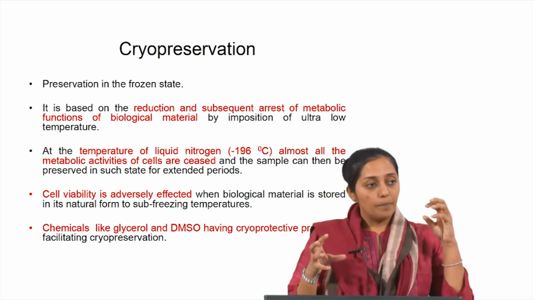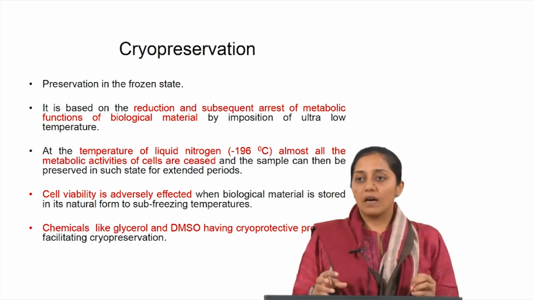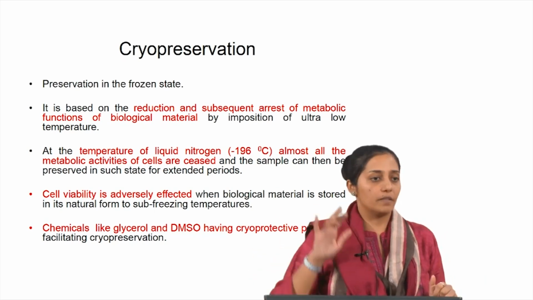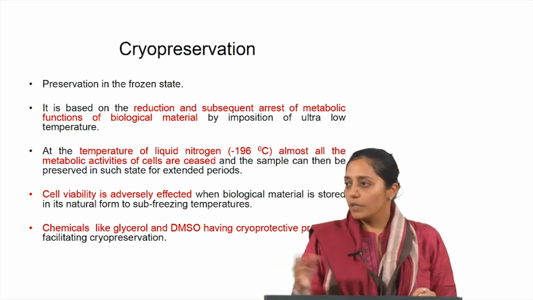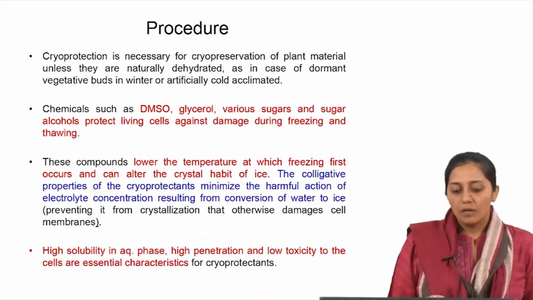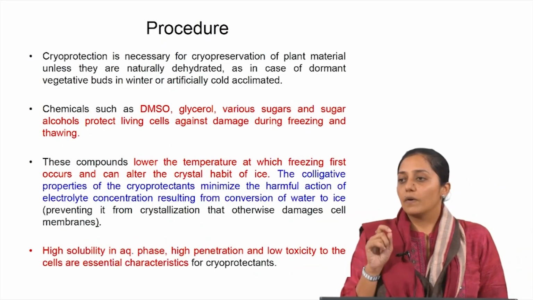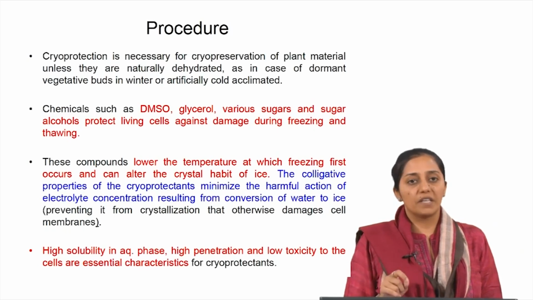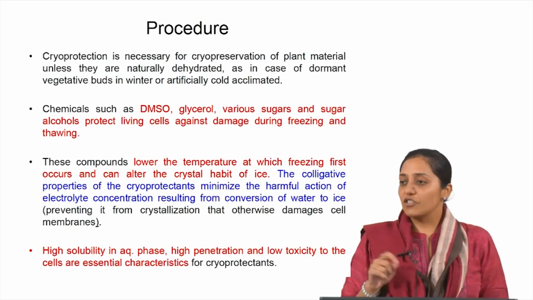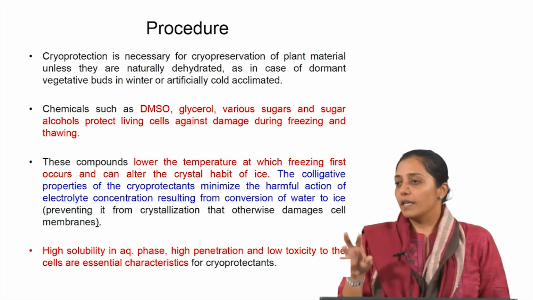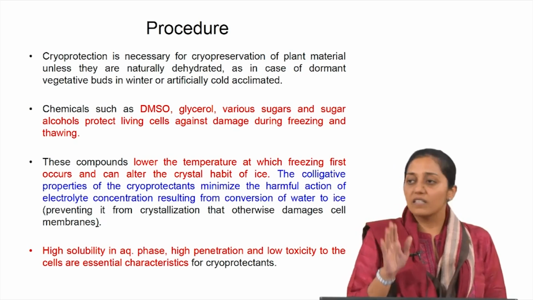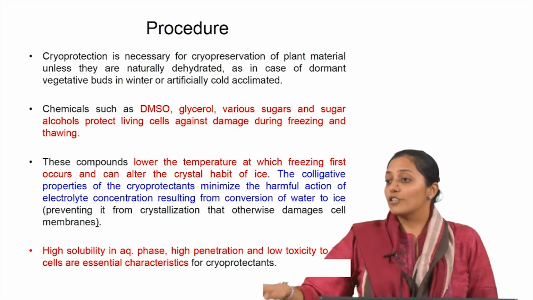These are called cryoprotectants depending on the different nature in which they are used. Some are cell penetrating agents, some are cell dispersing agents which can easily get mixed with water and balance out the osmotic pressure. So what is cryoprotection? I will repeat, cryoprotection is necessary for cryopreservation of plant material unless they are naturally dehydrated. Generally, cold acclimation, which plants use, is nothing but a slow dehydration process.